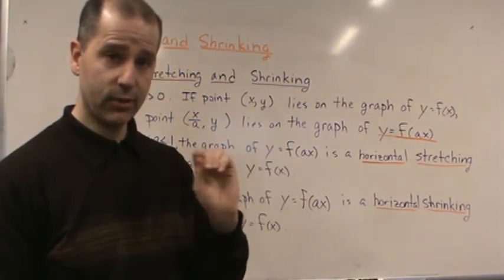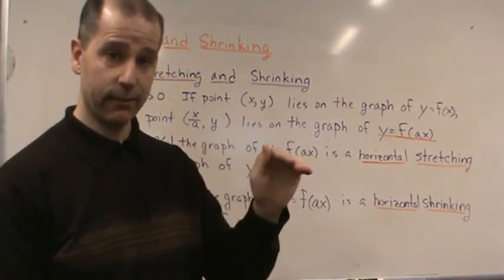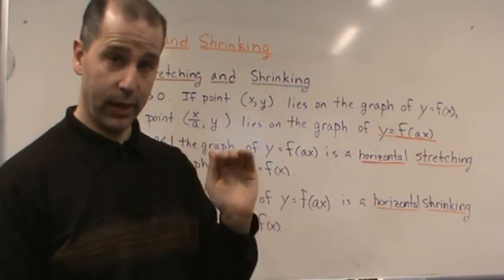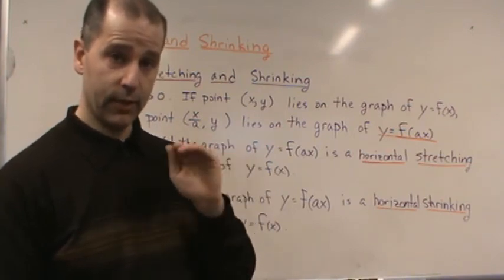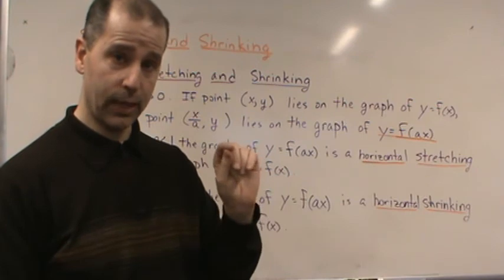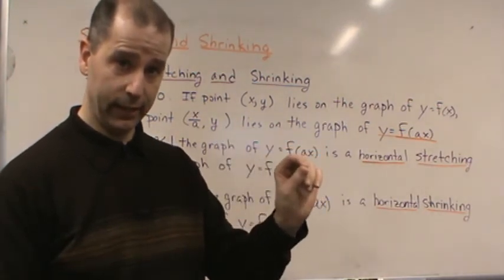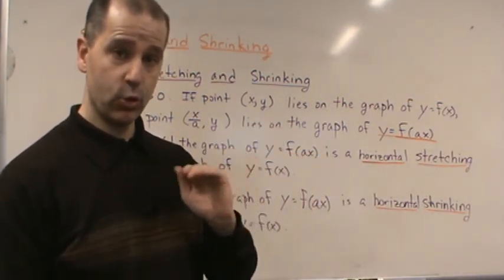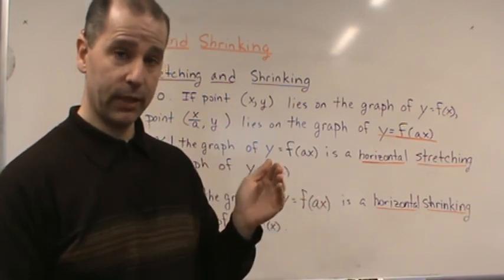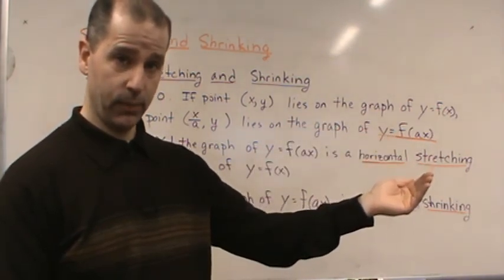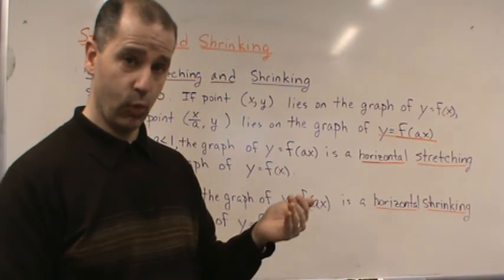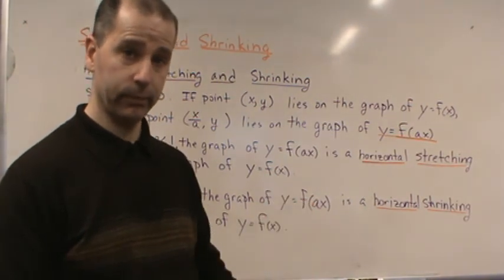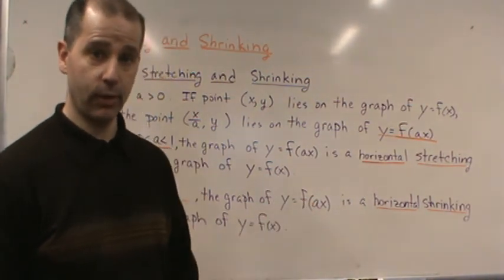For the horizontal case, if you're multiplying inside the function, it's the opposite. If you're multiplying x by a and a is between 0 and 1, it becomes a horizontal stretching, but if a is bigger than 1, it becomes a horizontal shrinking. That's what you have to keep straight.